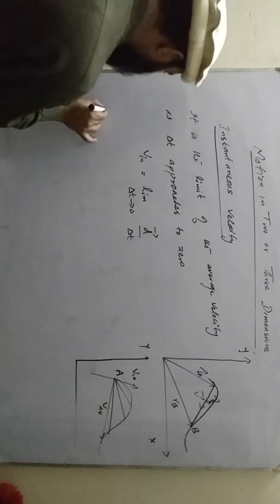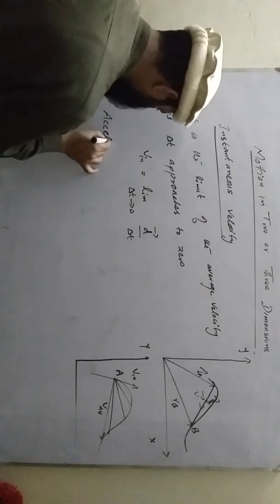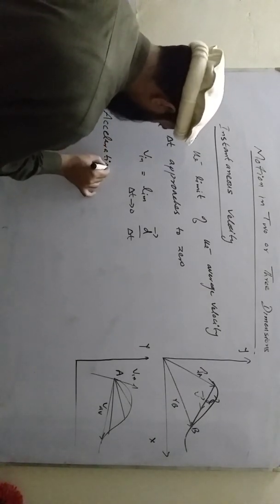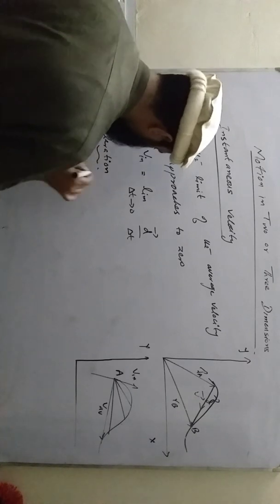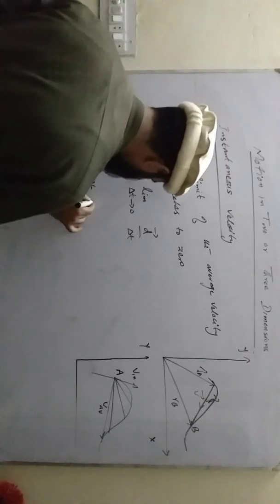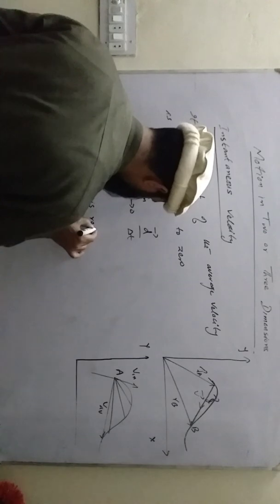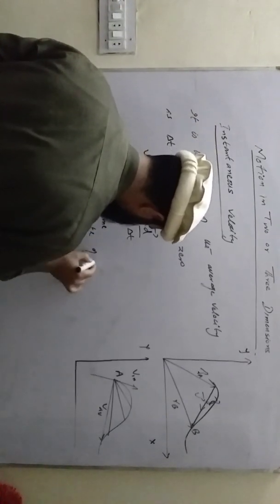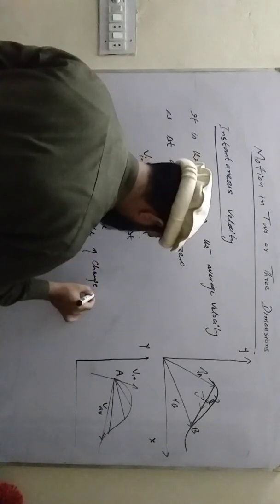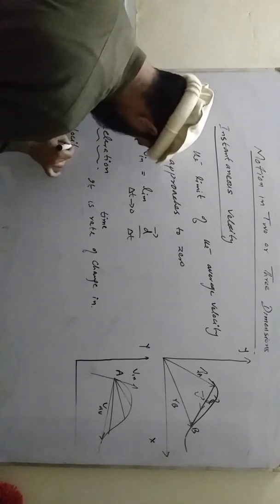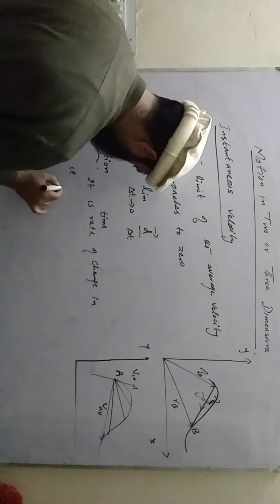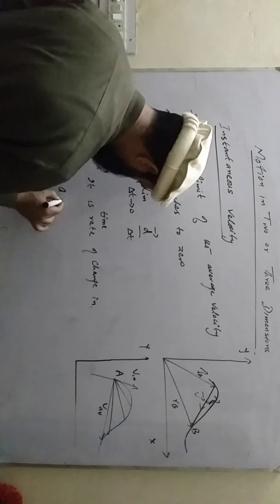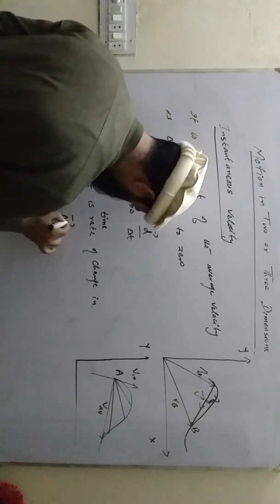Next is the acceleration. It is the rate of change in velocity, that is a, where a indicates the acceleration, that is delta v by delta t.